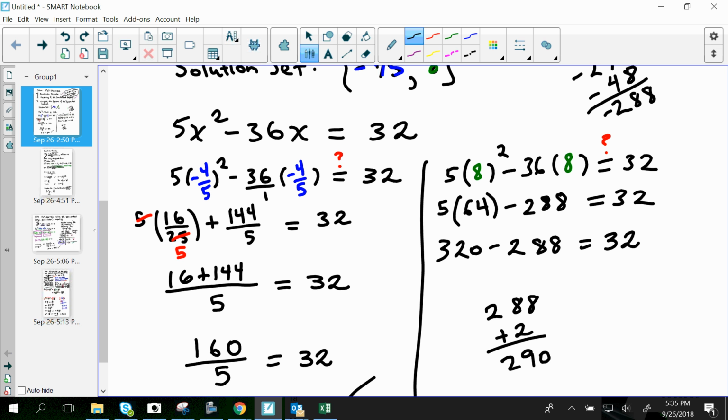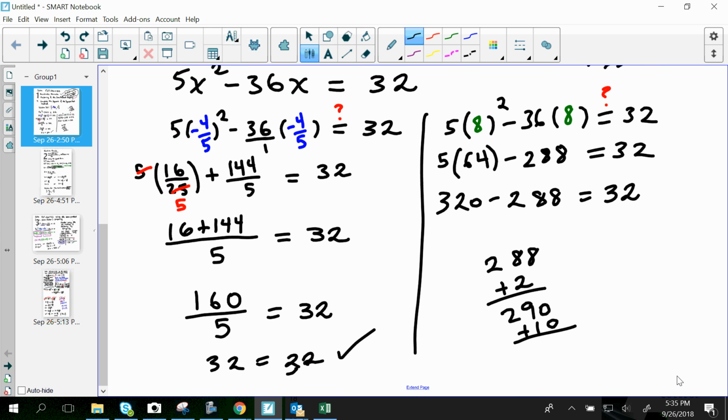Then to get to 300 would be 10. I'll just do these in blue. And then to get to 320 would of course be plus 20. And so when you add all those together, the difference that you had to make up, or rather if you started at 320 and we're going down to 288, you would have 2 plus 10 plus 20 is 32.